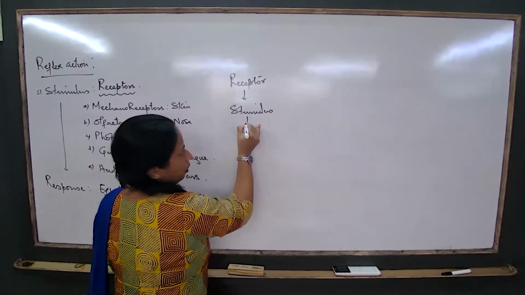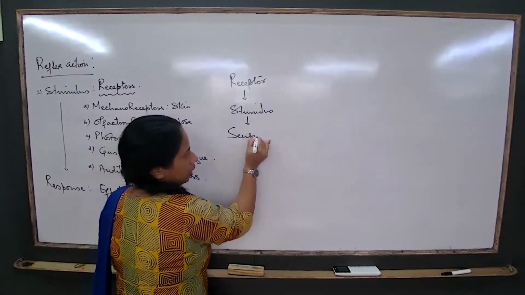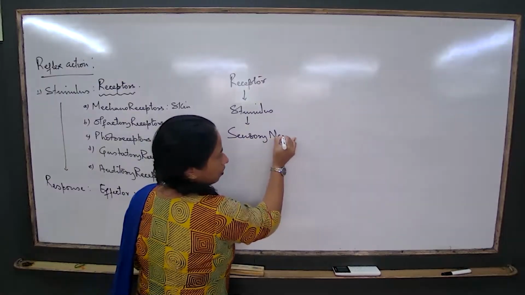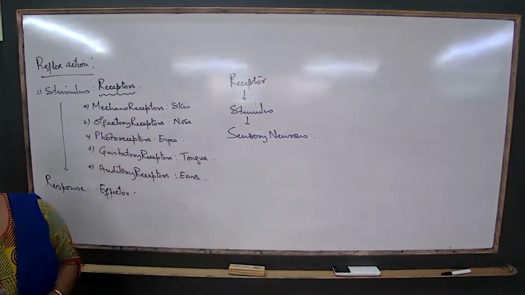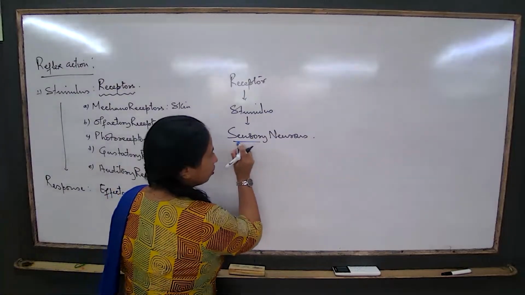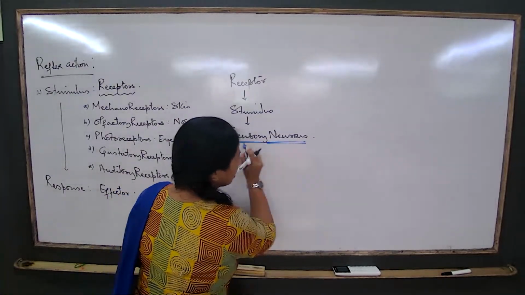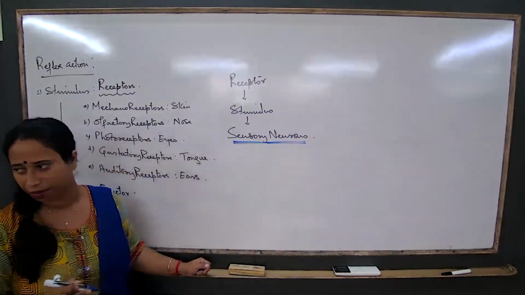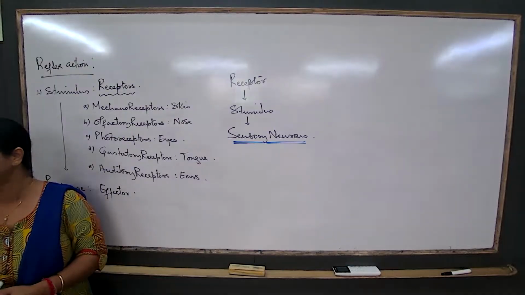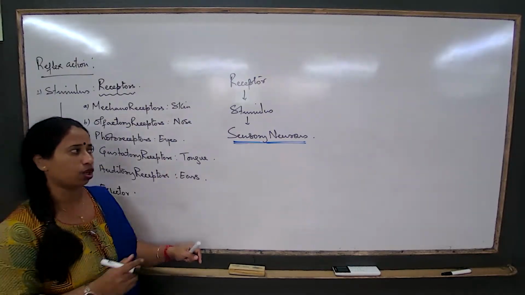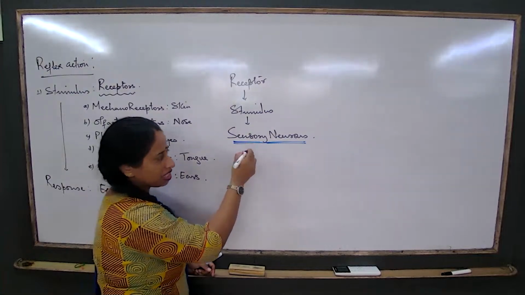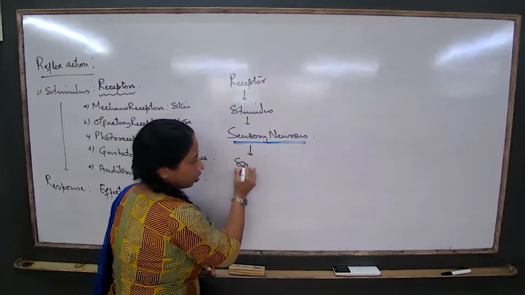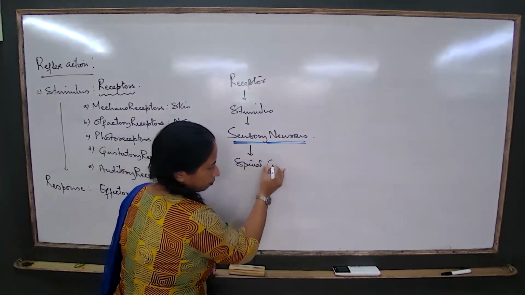This stimulus will be passed on by a type of neuron. What are these neurons known as? The sensory neurons. The sensory neurons always carry messages from the receptor to the spinal cord.